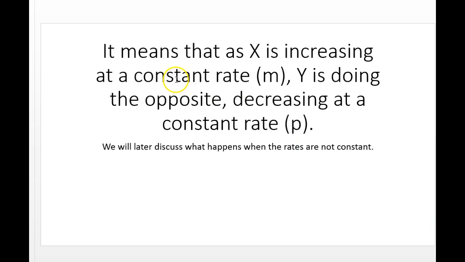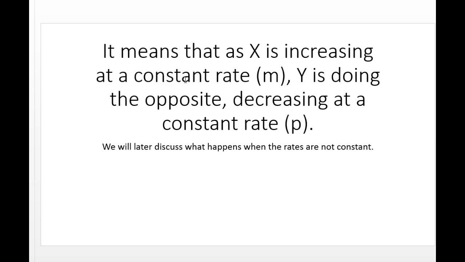It means that as x is increasing at a constant rate m, y is doing just the opposite, which means that y is decreasing at a constant rate, and we can call that p.